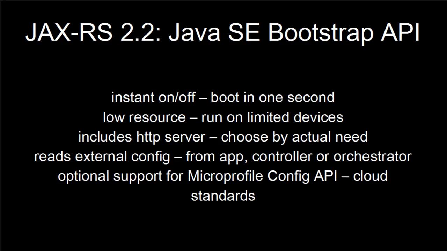Application servers need typically very, very long to boot because they don't know what features you need. Here we have a different situation. In a Java SE environment, your program must provide everything you need. So if there is nothing your application expects to get, then the bootstrap is rather easy compared to what an application server has to do.